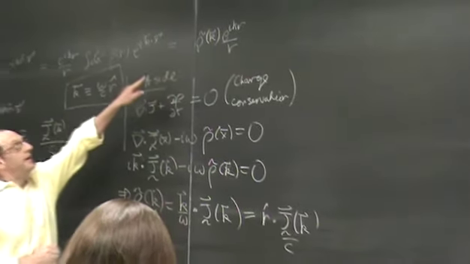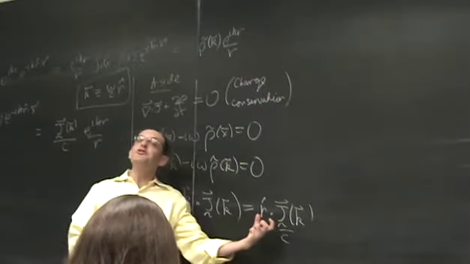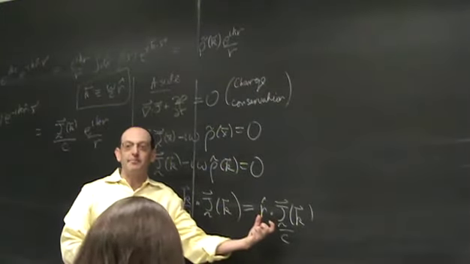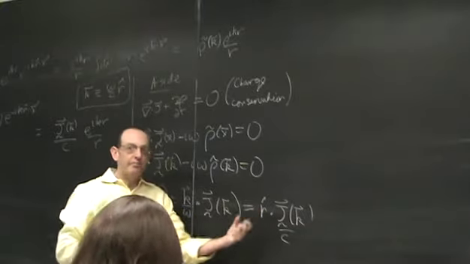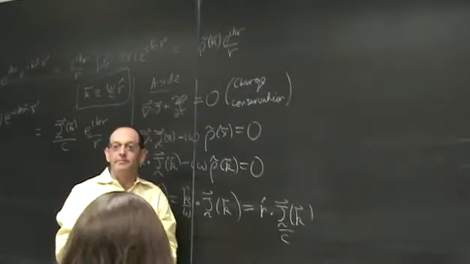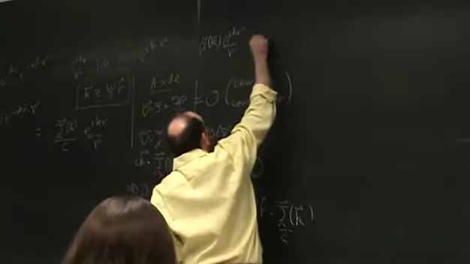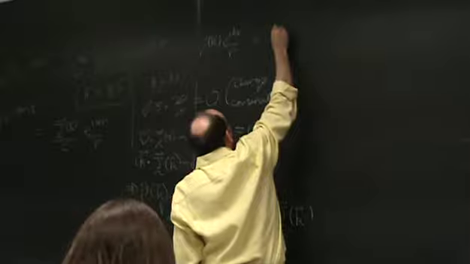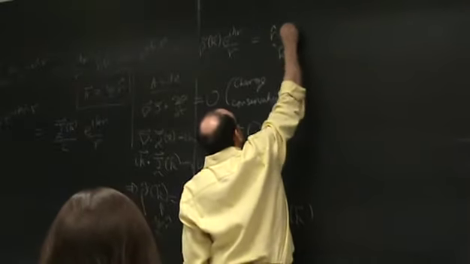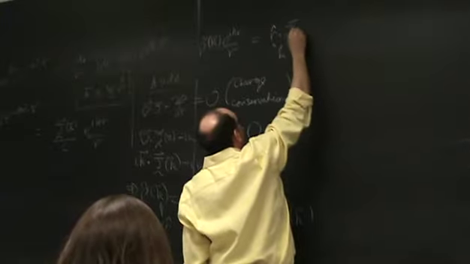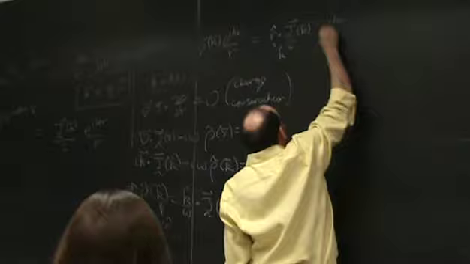So what appears in the scalar potential is just the longitudinal part of J, the part that's along the direction of propagation, which is r hat. Okay, so this is equal to r hat, which is the same thing as k hat in this case, dotted into J over c, e to the ikr over r.